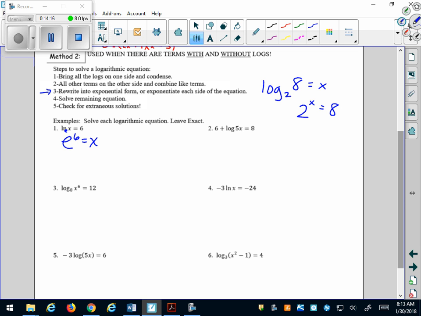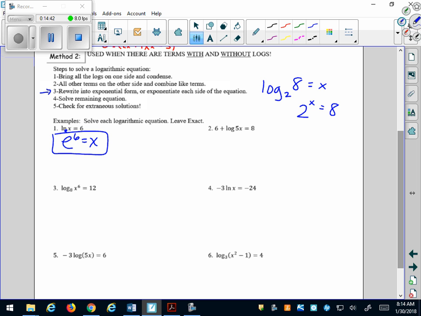So that's really just rewriting it. Now, we can be done. Because at this point, we solved for x, and in your calculator, you can just push e to the 6th, and you'll get an answer, right? So this is done.